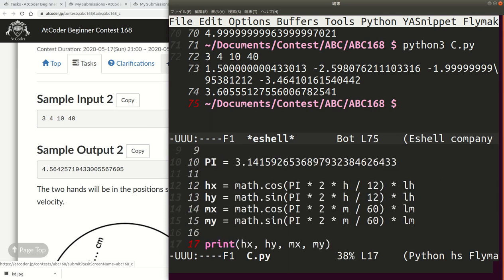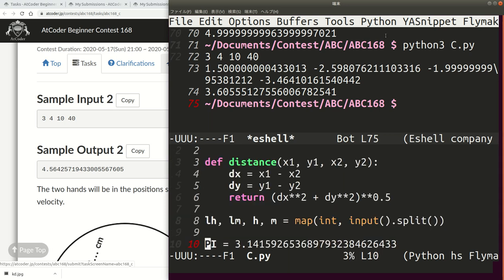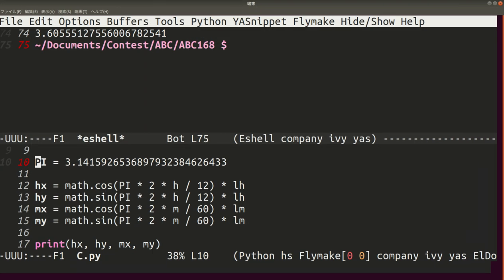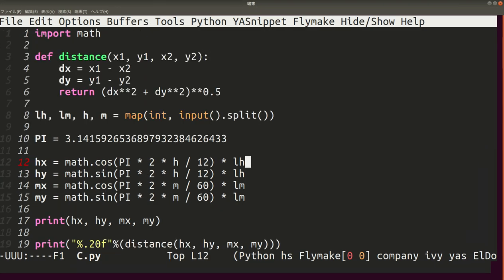Yeah, I know. So the short one is not okay, so I have to use minutes here to calculate the coordinate of the hour. So this is divided by 1440. They go around in 1440 minutes.